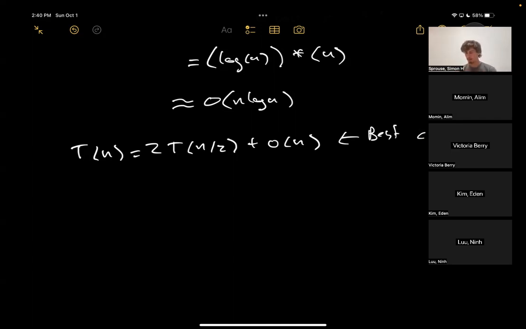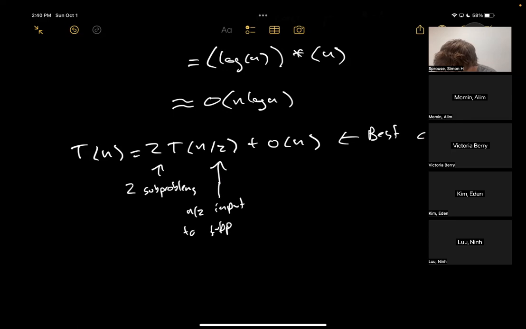So hopefully this is fair. As you can see, we've got two subproblems. Each subproblem has input n over 2. And then, as you can see, this is the cost per step, right?